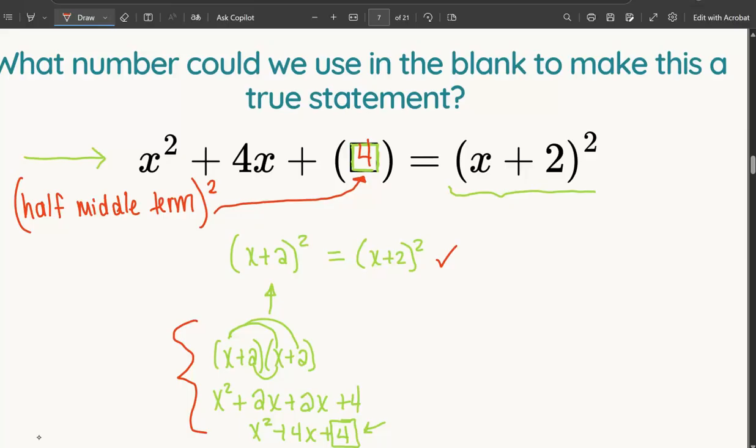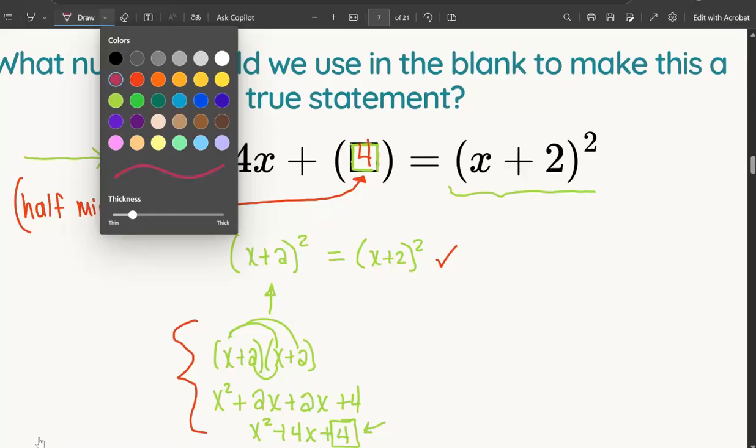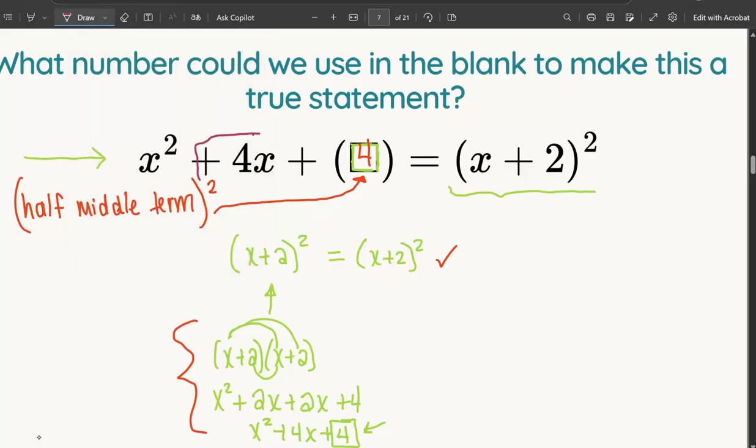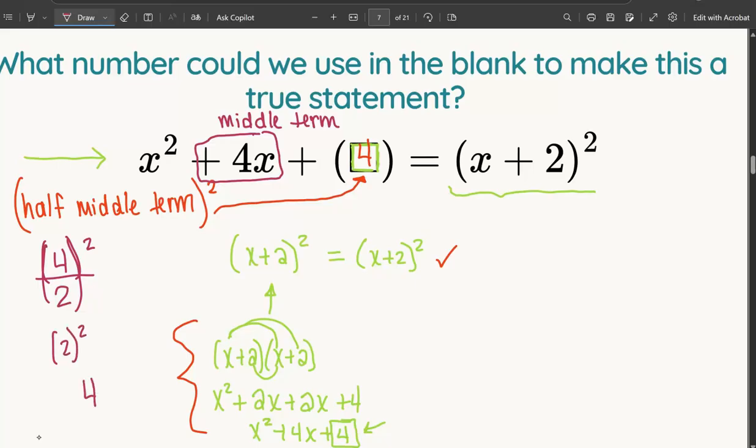And so the middle term is this 4x, and so I take that 4, divide it by 2, and square it. So 4 divided by 2 is 2, and 2 squared is 4. And that's how we come up with what number goes, quote unquote, in the box.